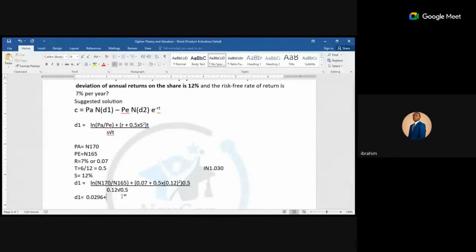Plus, we should not forget that we have to multiply this first. Okay, now let's do it one after the other. 0.12 raised to power 2 times 0.5.